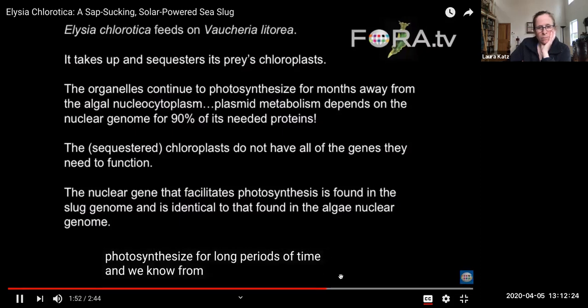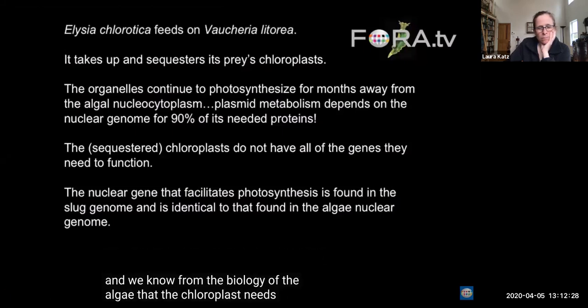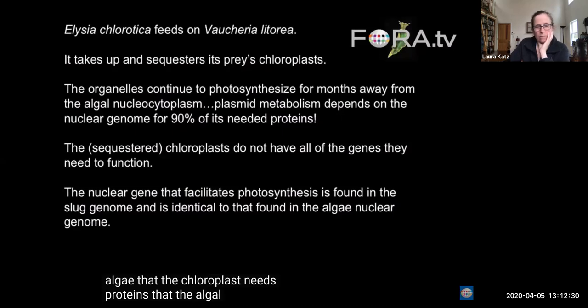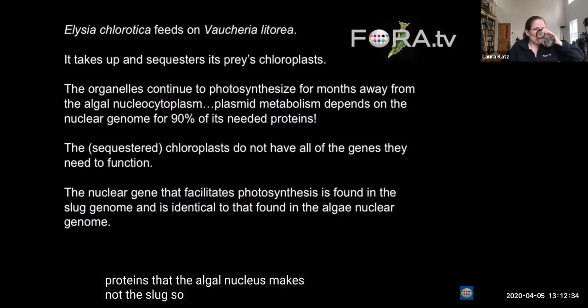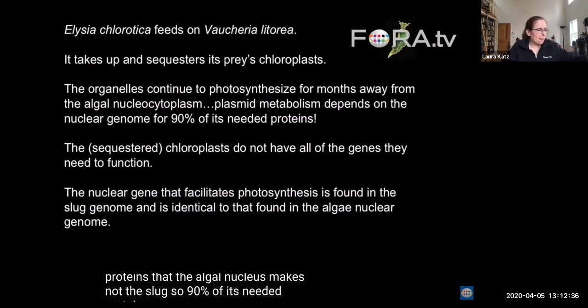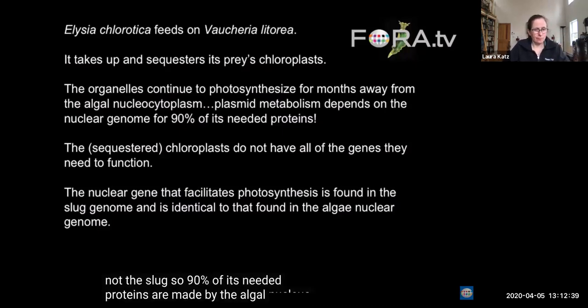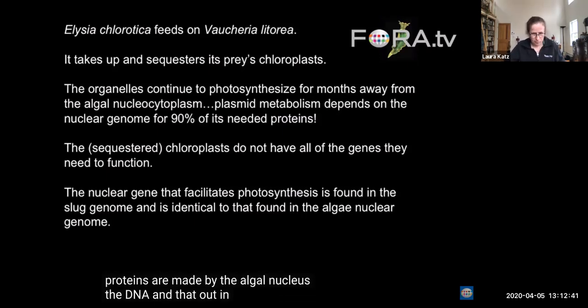And we know from the biology of the algae that the chloroplast needs proteins that the algal nucleus makes, not the slug. So 90% of its needed proteins are made by the algal nucleus, the DNA in the algae.